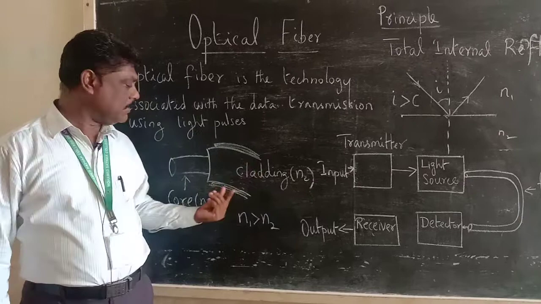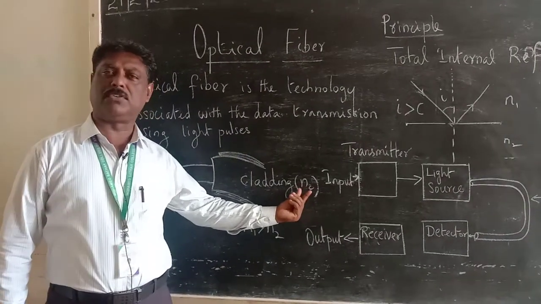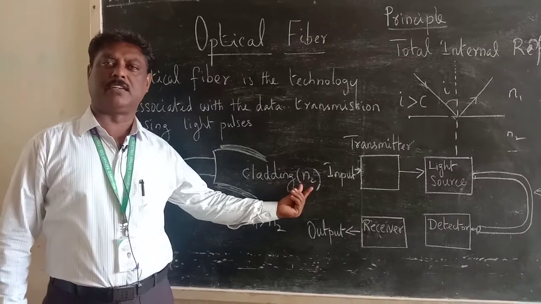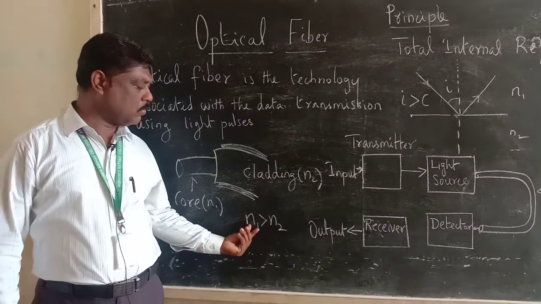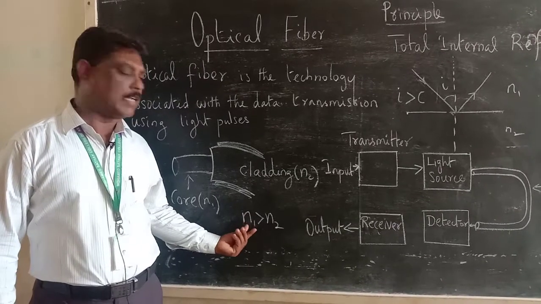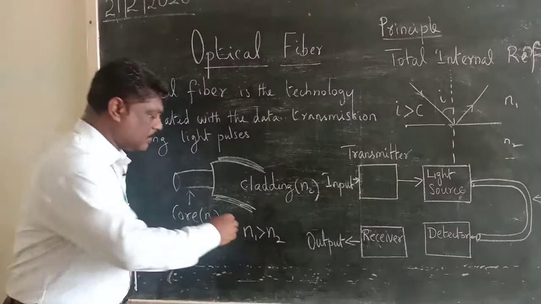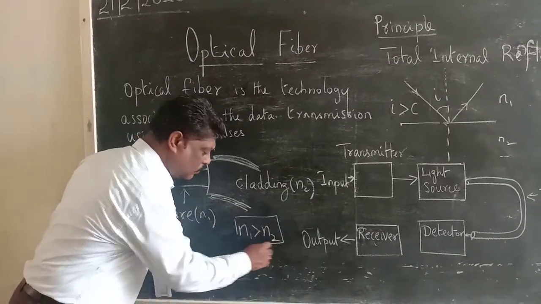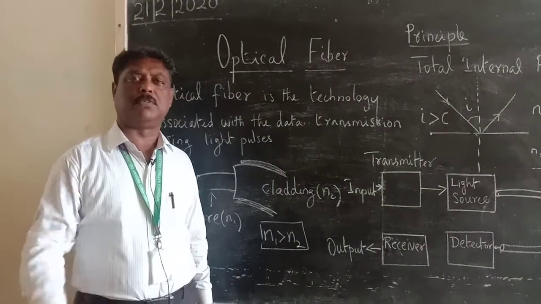So N1 is the refractive index of the core and N2 is the refractive index of the cladding. And the condition is the refractive index of the core is greater than the refractive index of the cladding, that is N1 greater than N2. This is the basic condition for optical fiber.